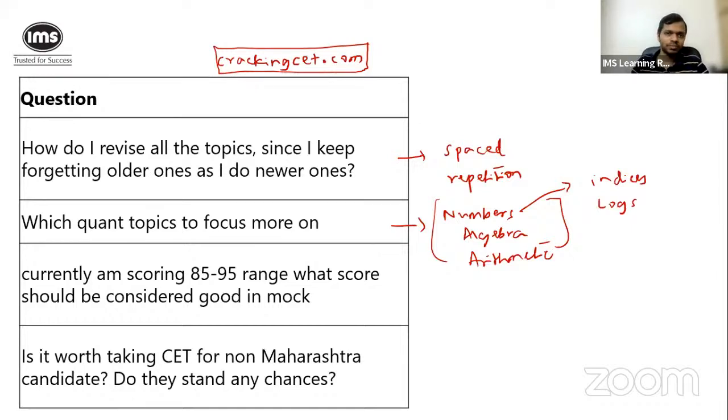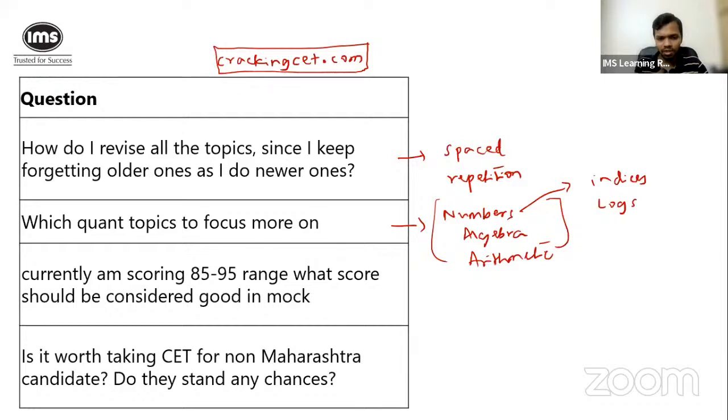Whatever mock that you must be taking, when you look at your score and the percentile that the coaching institute would have given, you will realize that because that percentile is calculated on a limited set of people, it is slightly off reality. And that is why it is always better to look at the actual test scores versus percentile in the CET. Okay, so you can refer to this table, and I think that's a good reference point.